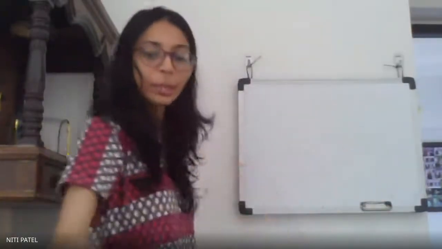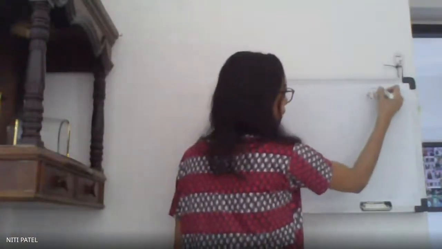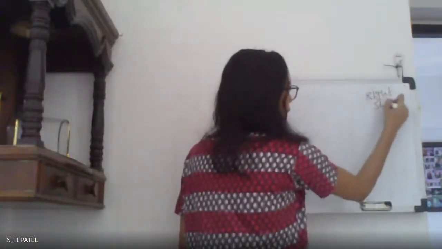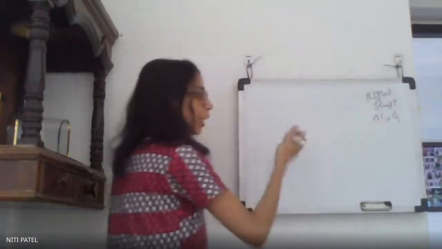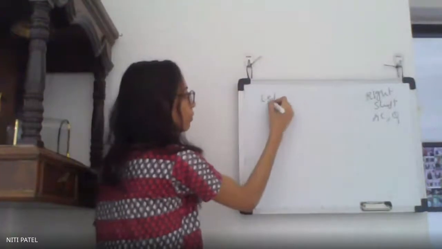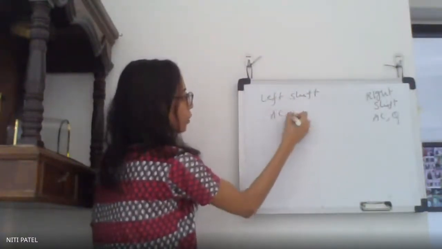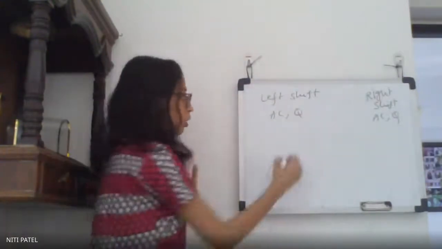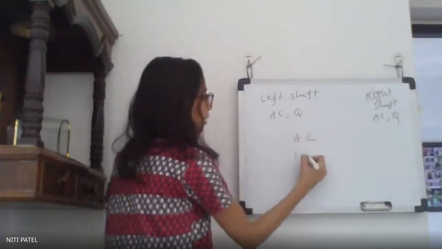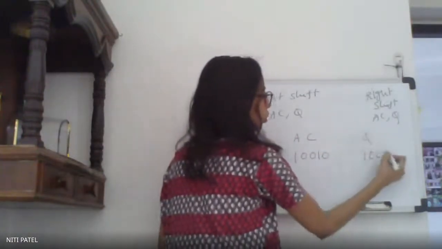Now if you remember, in binary multiplication we did a right shift, shifting all the bits of AC and Q towards the right. Suppose my AC has 1 0 0 1 0 and my Q has 1 0 0 0.